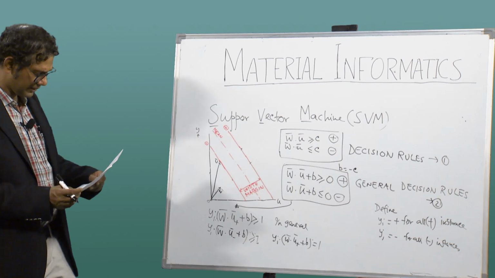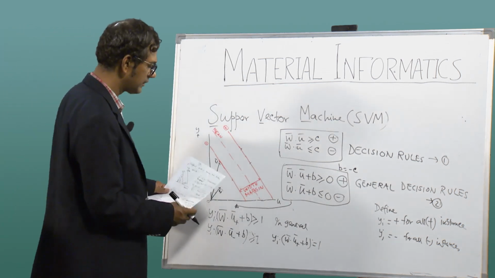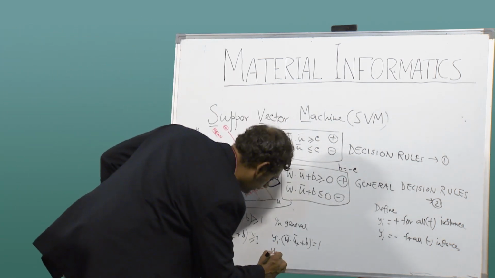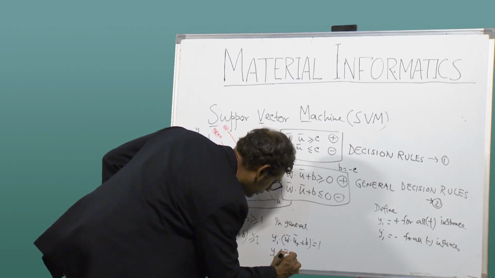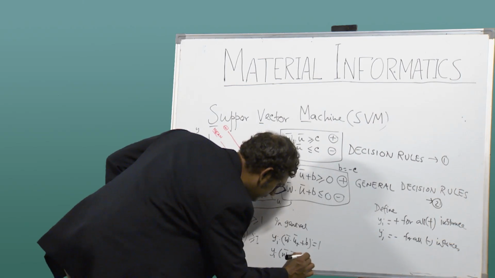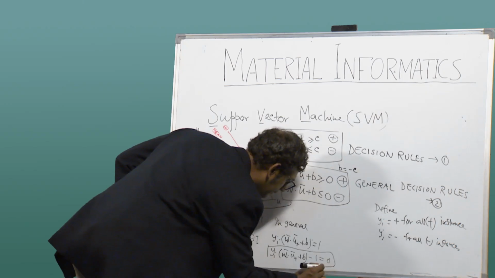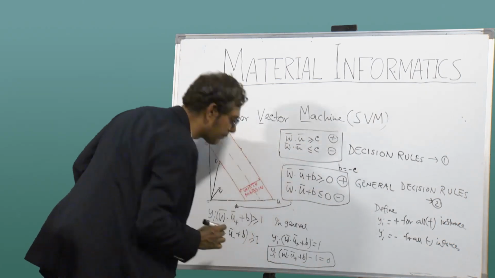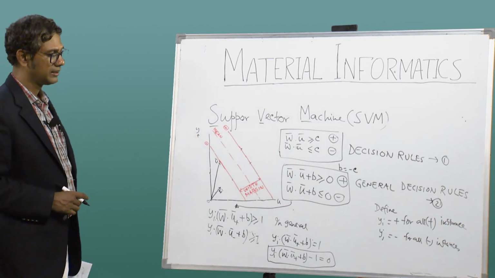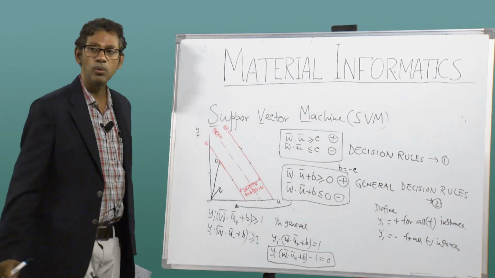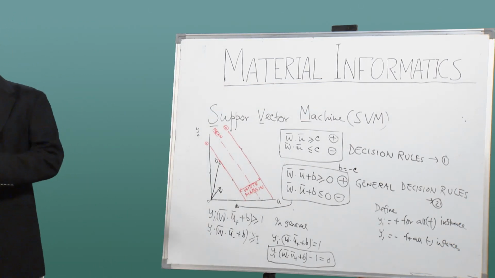Some people can say why you want to write equal to 1, you can write something else also. That is a much smarter mathematical equation. Okay. So, this is my final equation, right.